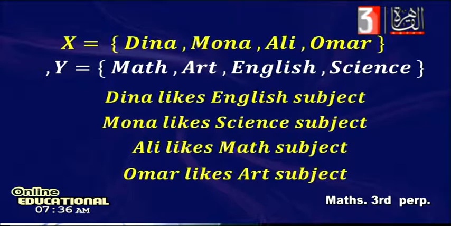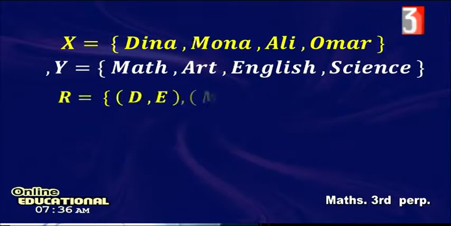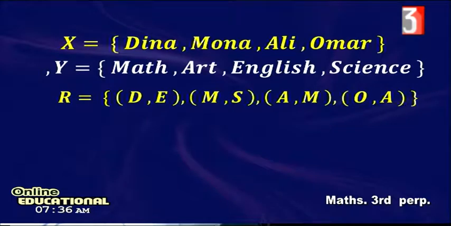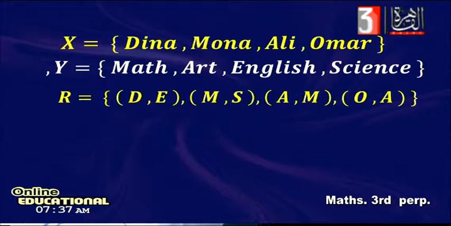Thus, relation is denoted by a capital letter R. So R equals Dina likes what? English. So Dina and English subject. So it is D and E in an ordered pair. What about Mona?